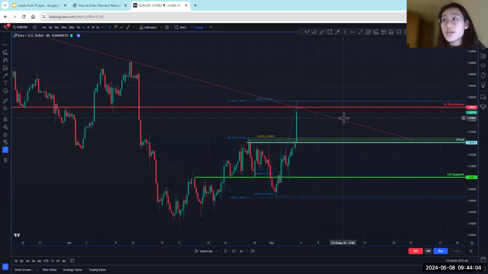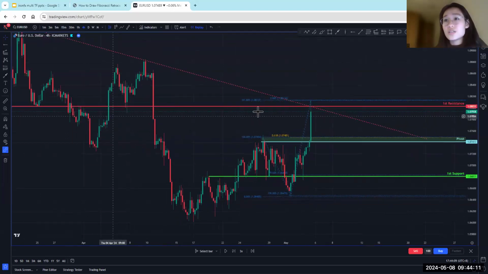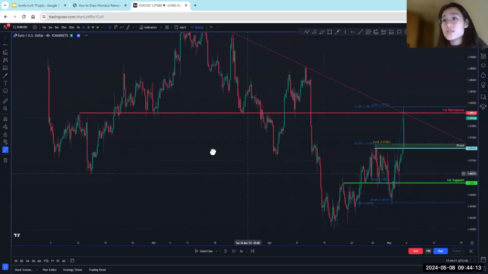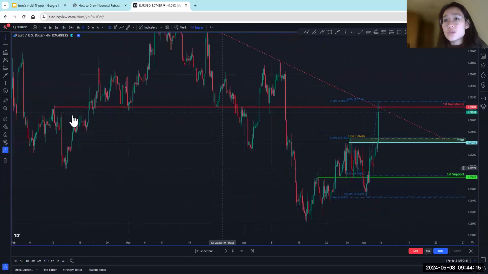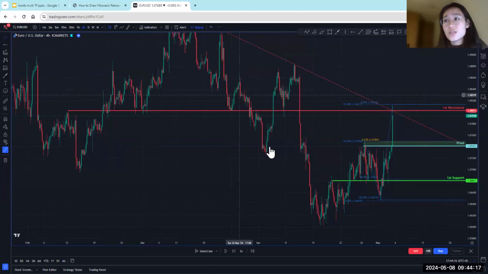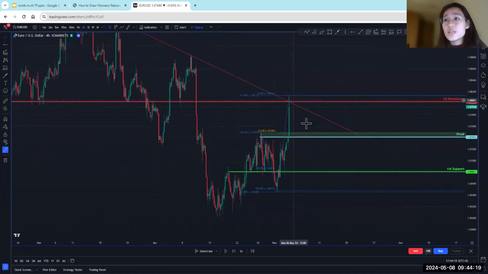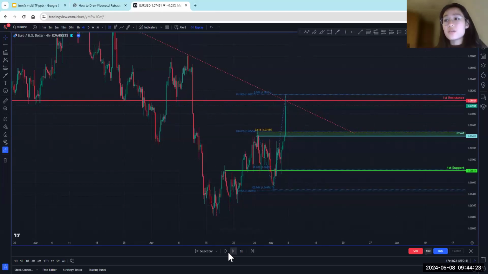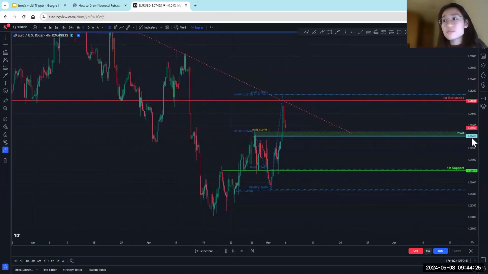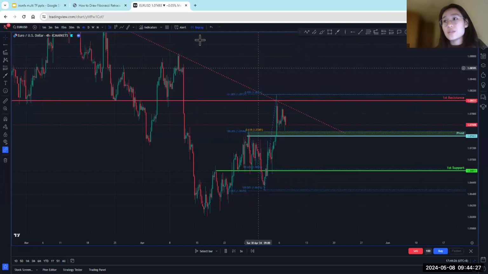So we have a descending trend line, firstly. Secondly, we have this 161.8. Thirdly, we have a resistance level over here. We have a pretty significant resistance level because of all the swing highs and swing lows that respect that area. So we're likely to expect price to reverse off of that area as well. You can see that's exactly what happened.